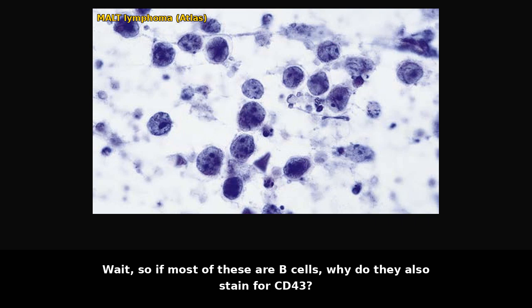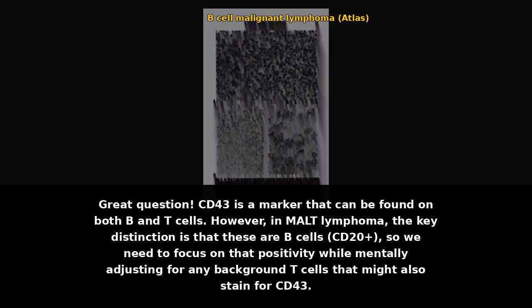Wait, so if most of these are B cells, why do they also stain for CD43? Great question. CD43 is a marker that can be found on both B and T cells. However, in MALT lymphoma, the key distinction is that these are B cells.